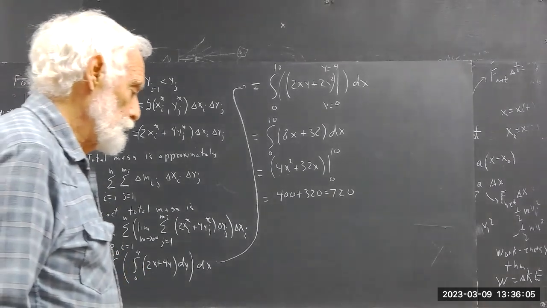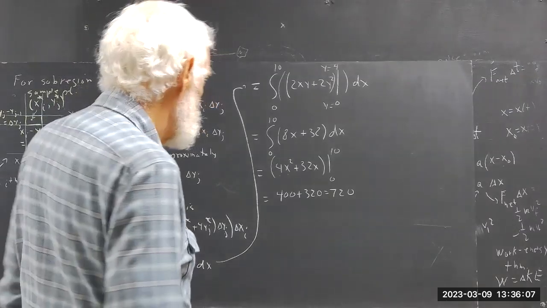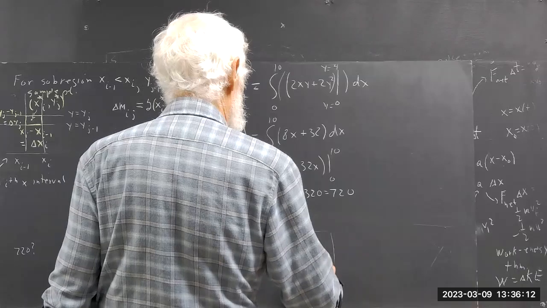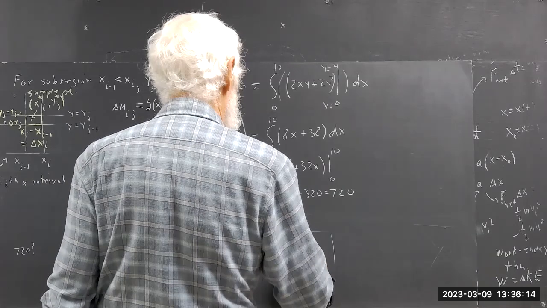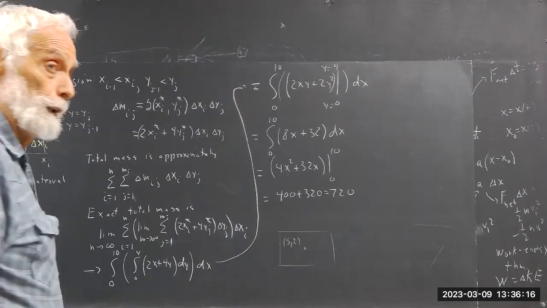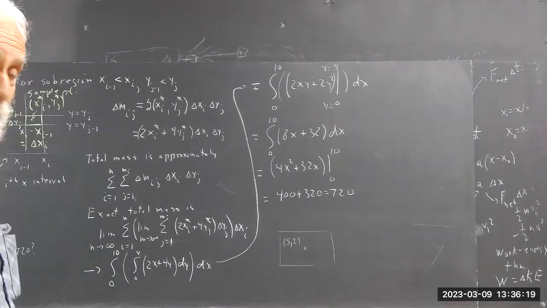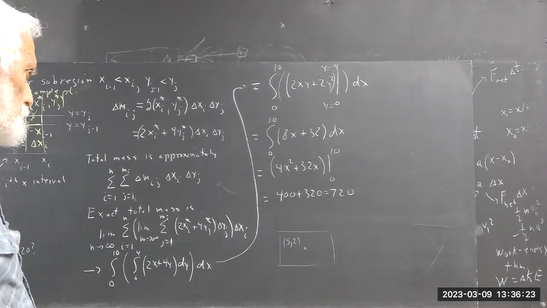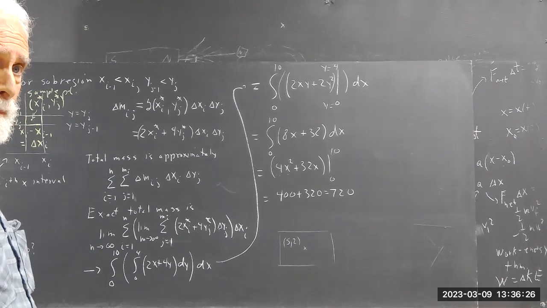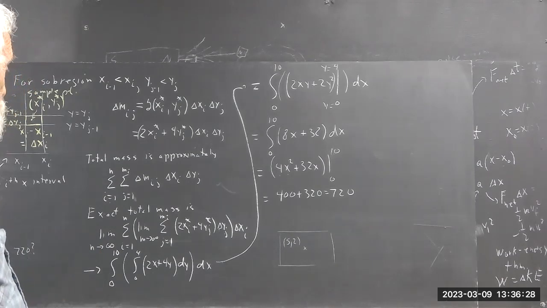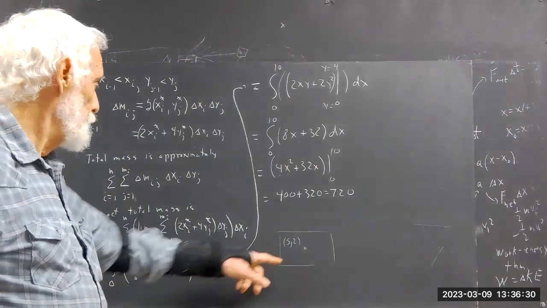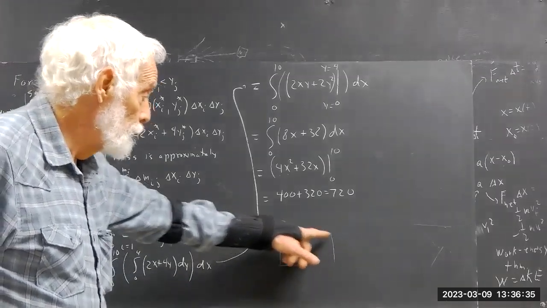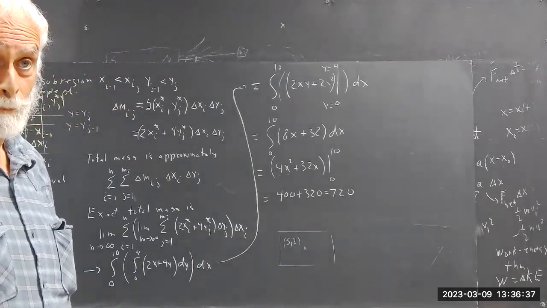Then to check, I just went to my picture. The center point of this rectangle would be 5, 2. Plug that into my density equation, and I got 18. This density equation is 2x, which would be 10, plus 4y, which would be 8, that's 18. Multiply that by the area of the whole region, which is 40.